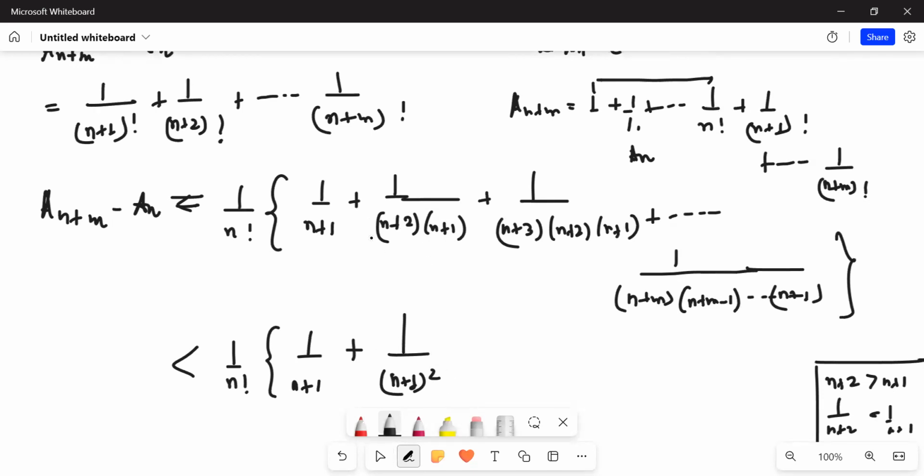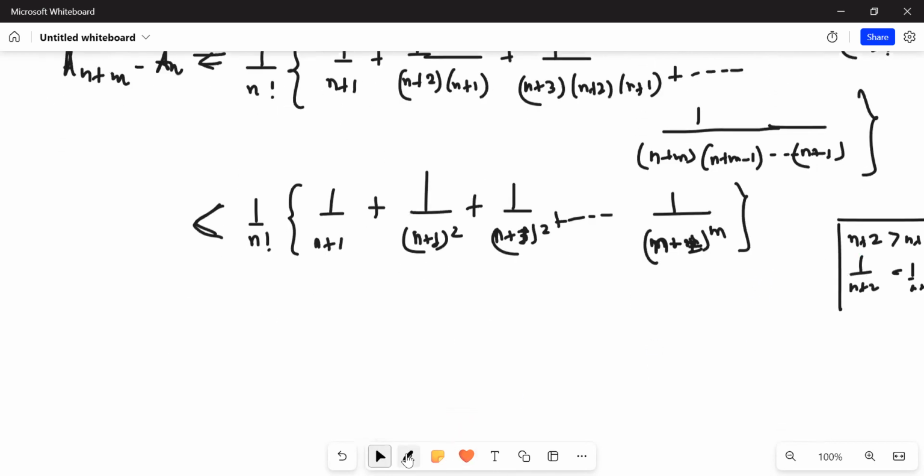So if I replace n+2 by n+1, this inequality sign would certainly hold. This would be 1 upon (n+1) whole squared, and so on up to 1 upon (n+1) raised to the power n.